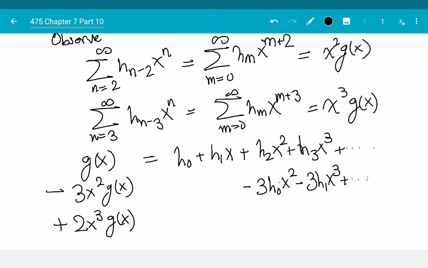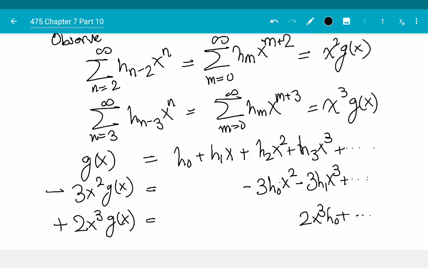And plus 2x cubed g of x is going to be 2 h0 x cubed plus dot dot dot.